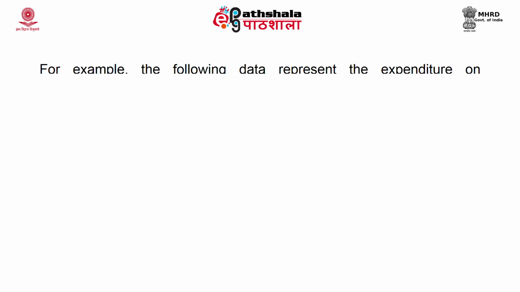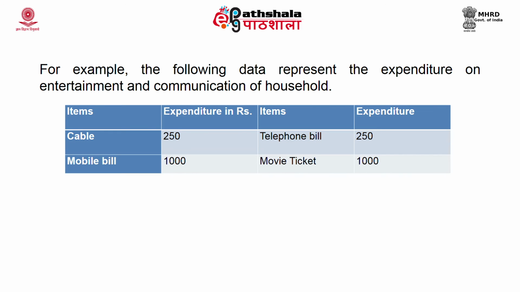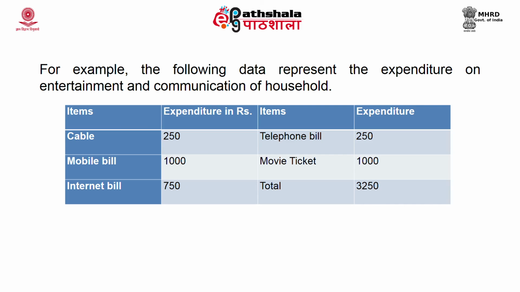For example, the following data represent the expenditure on entertainment and communication of households. In the first column we have items: cable bill, mobile bill, internet bill and other telephone bills, movie ticket, etc. And expenditures on these different items are given correspondingly in table 4.